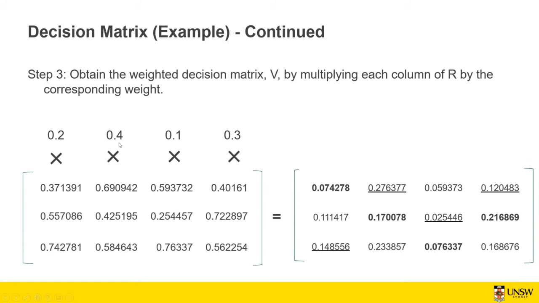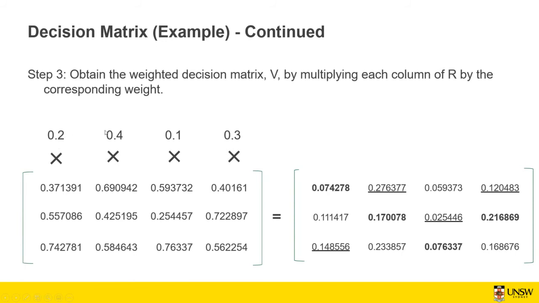Criteria 2 got 40% importance, so you got 0.4 here, and criteria 3 is 10% important with 0.1, and criteria 4 is 30%, so we got 0.3 here. The sum of all these weights is going to be equal to 1, okay?